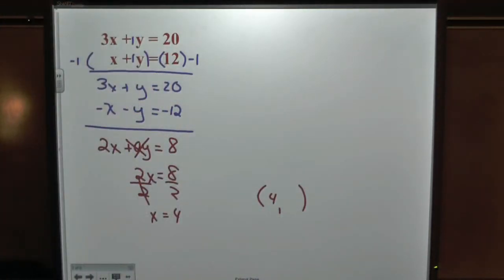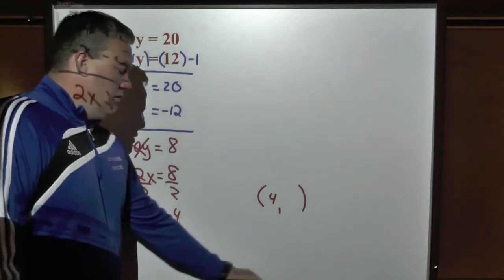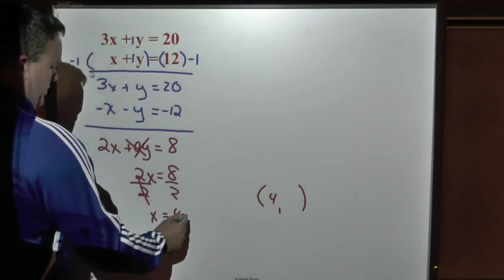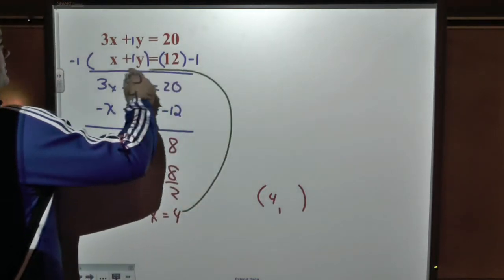So we've got that one done. Now let's take a look. We still need to find the y coordinate. What I highly suggest is using the original equations. I'd probably use the second equation.